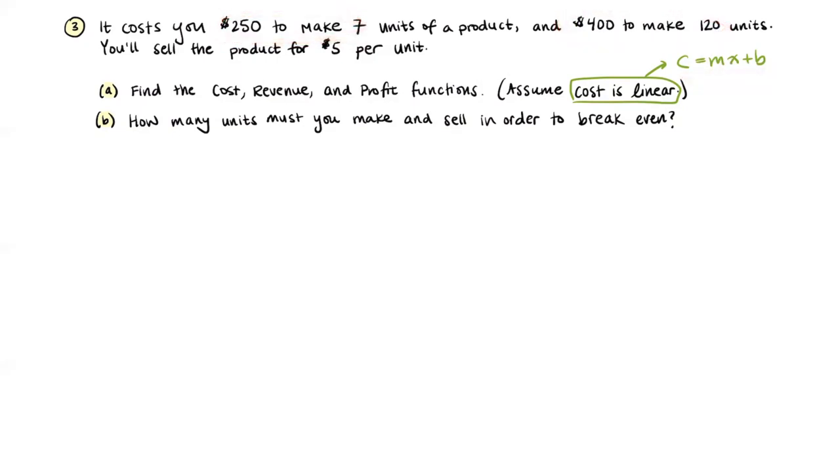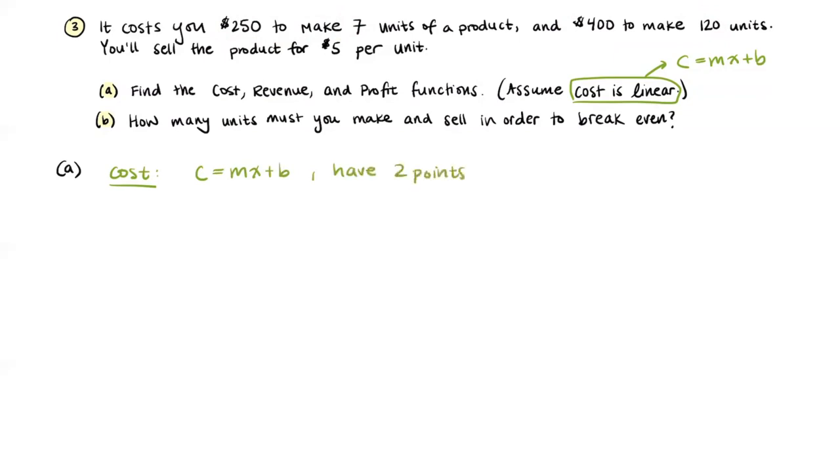Okay, so for part A, if we're just going to consider cost first, we know that the cost is linear, and we have 2 points on the cost equation.